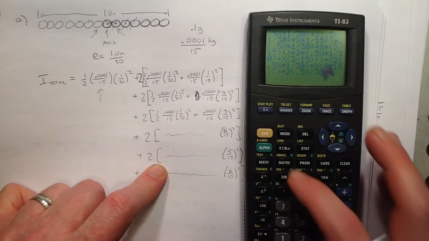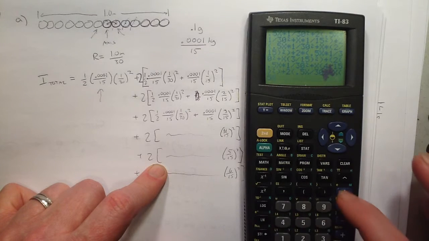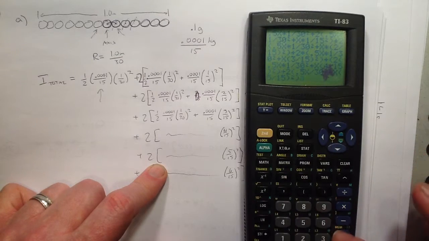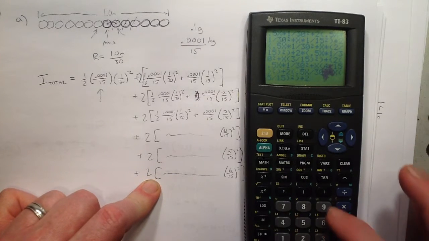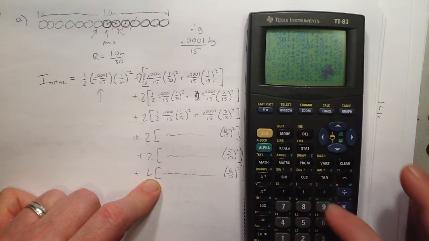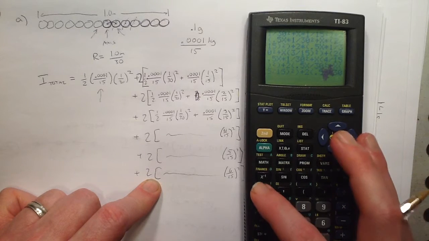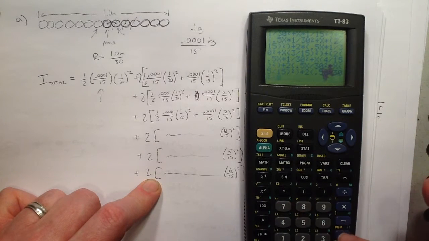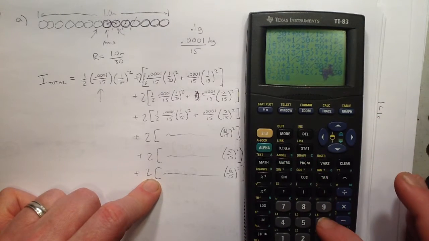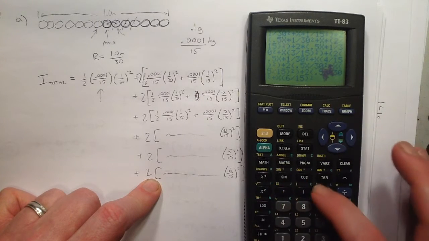Plus m times 5/15 squared, plus, last one, 2 times 1/2 m over 30 squared plus m times 6/15 squared.